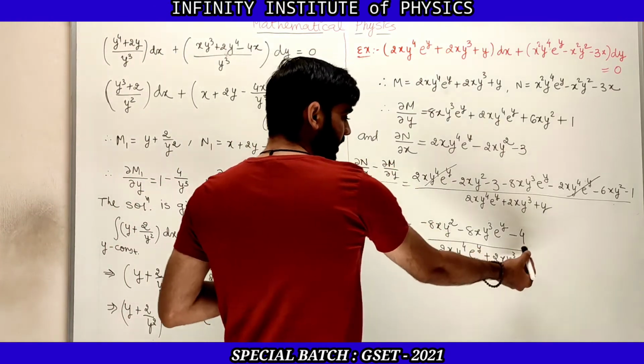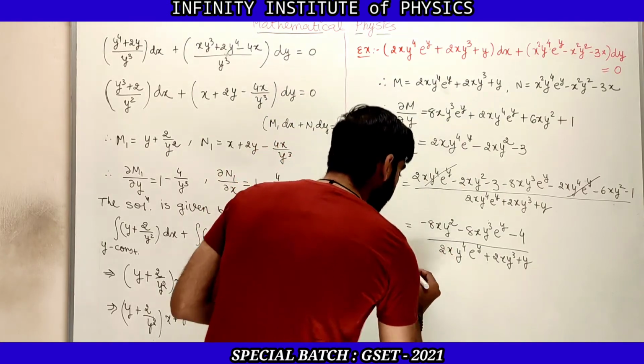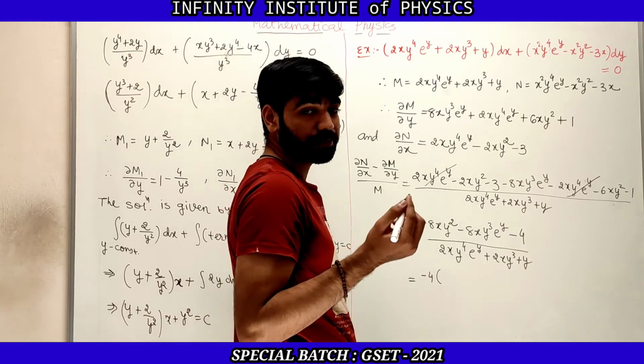Let us take minus 4 common from the numerator as well, then it will be minus 4, and we are going to multiply it with respect to y.